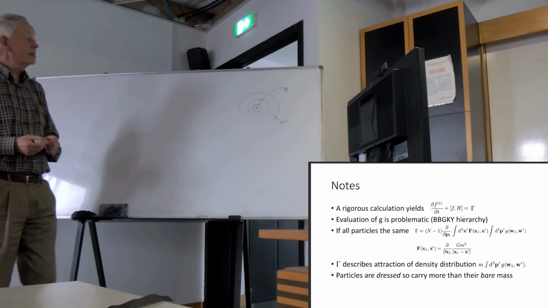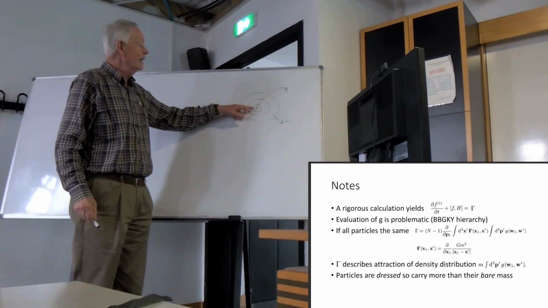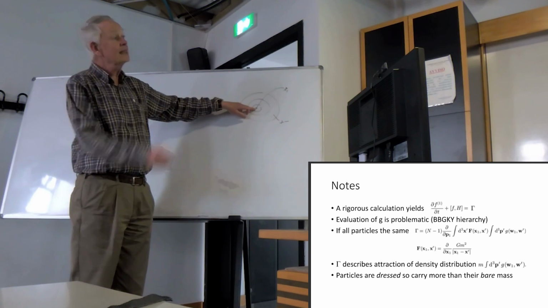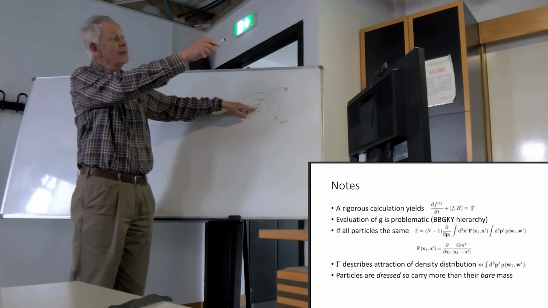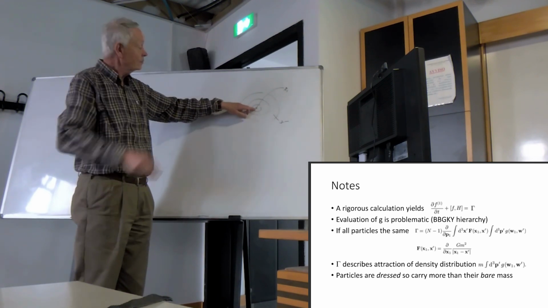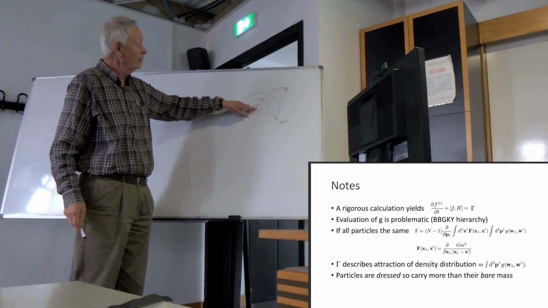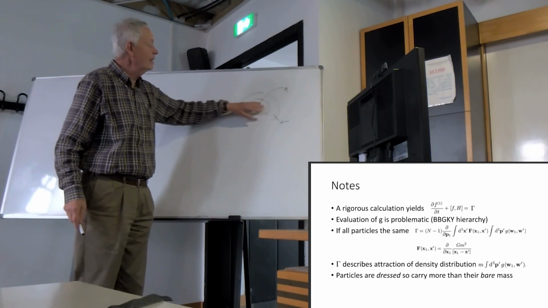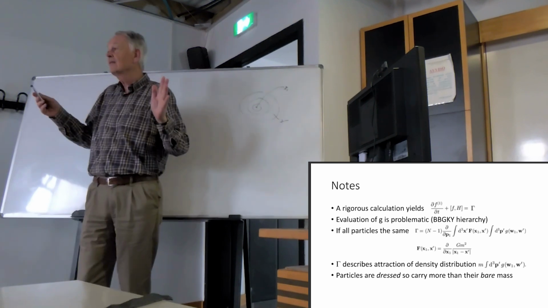And the evolution of the distribution function at this location is given by a derivative with respect to momentum, my momentum here, of the gravitational force on me coming from this excess number of particles around me.